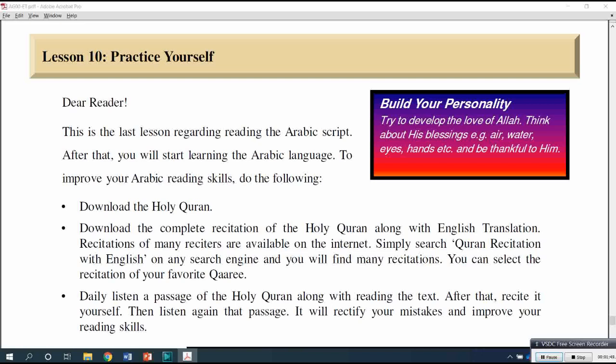You can select the recitation of your favorite Qari, whose voice is good. So select this and then listen.